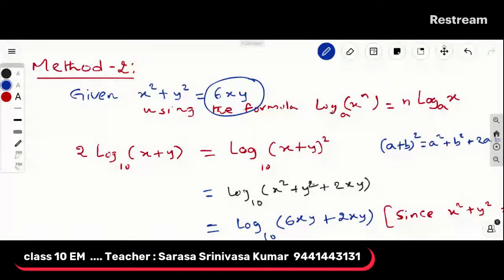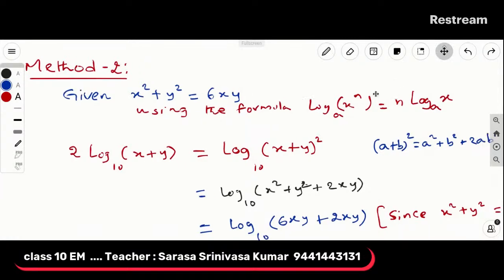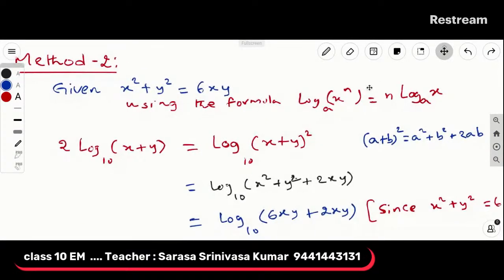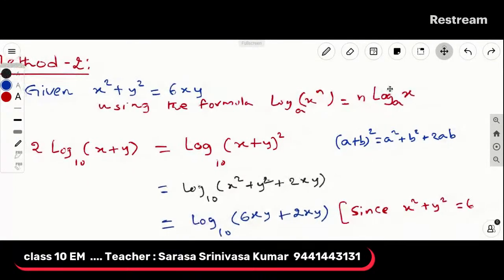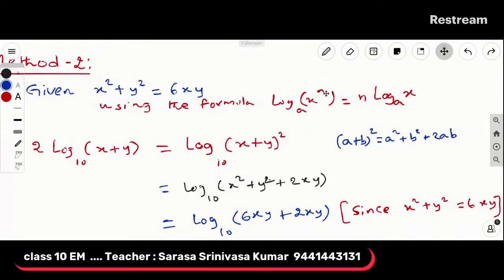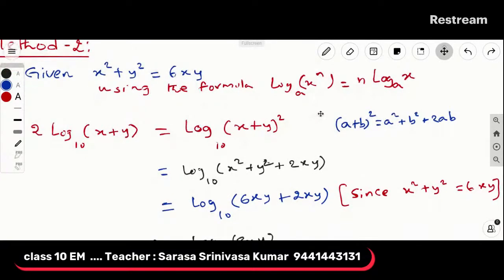The same problem can be proved by method 3, but I would like to consider only 2 methods. In the earlier classes also I told you I would like to consider only 2 methods. Even though there are several methods to solve a problem, students can use any one of the methods, and if they want to solve the problems in different methods, you can solve the same problems in different methods.